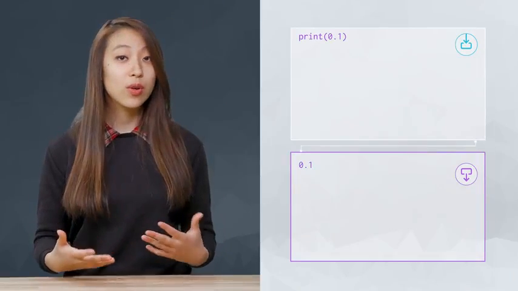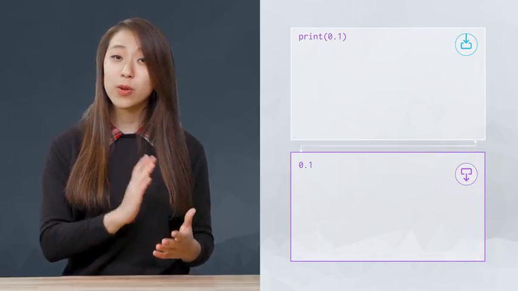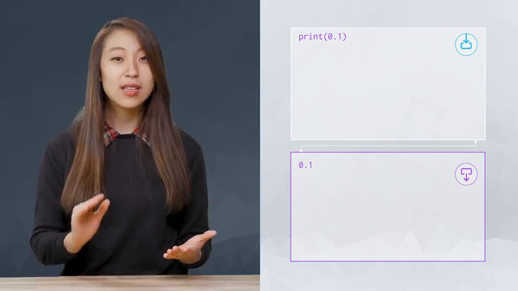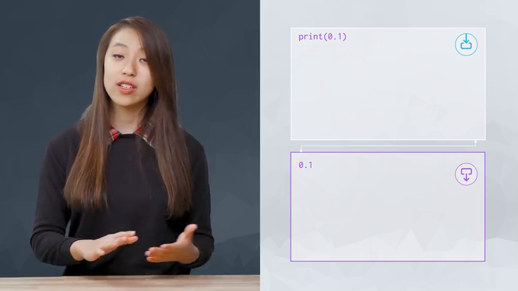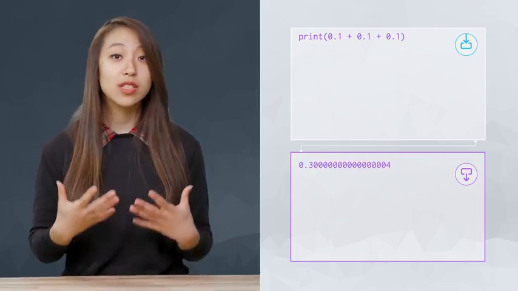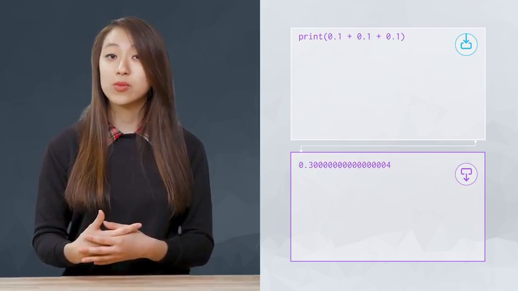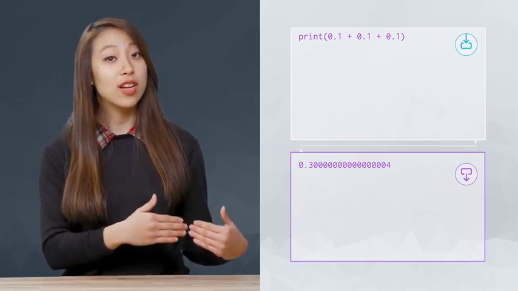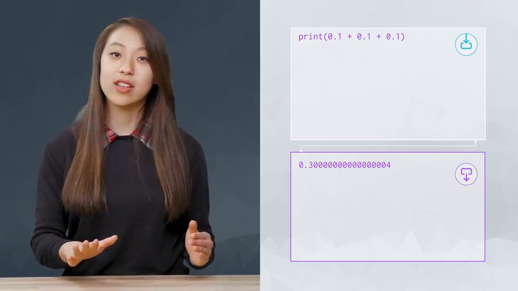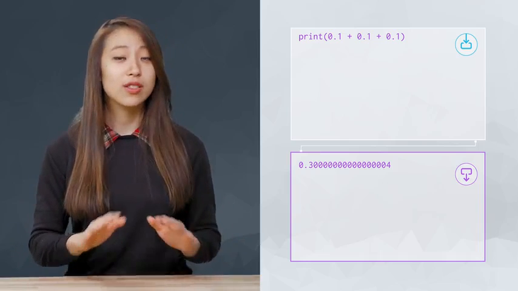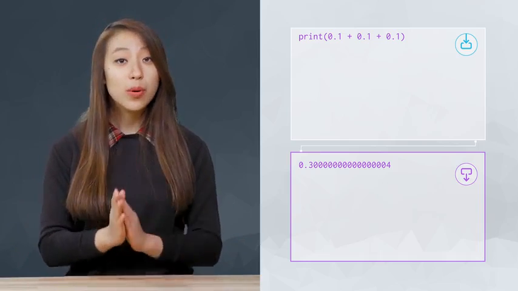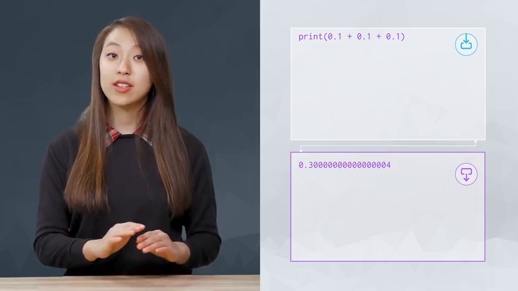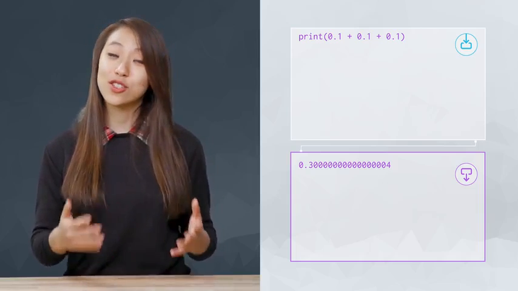Because the float, or approximation, for 0.1 is actually slightly more than 0.1, when we add several of them together, we can see the difference between the mathematically correct answer and the one that Python creates. In most contexts, these small differences are irrelevant, but it's important to know that they're there. You can read more about this in the instructor notes.